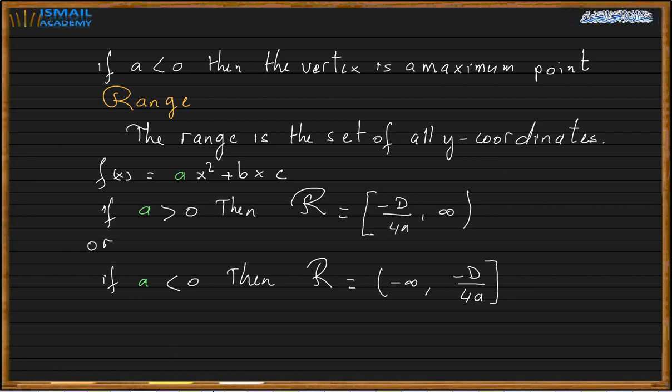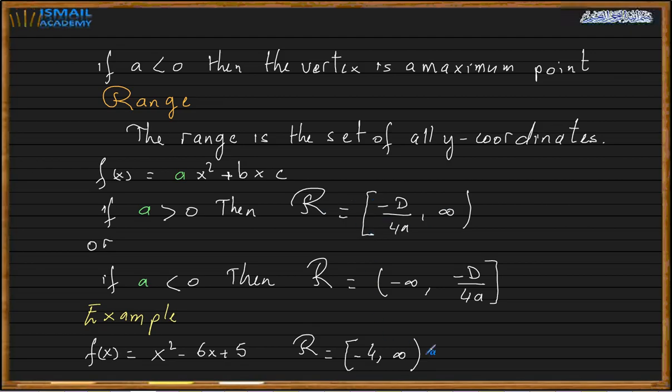So for example, if f of x equals x squared minus 6x plus 5, my range for that function is minus 4, infinite. A is positive, so I will have that type of range.